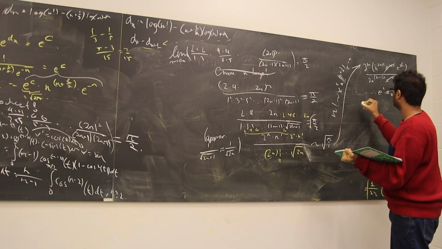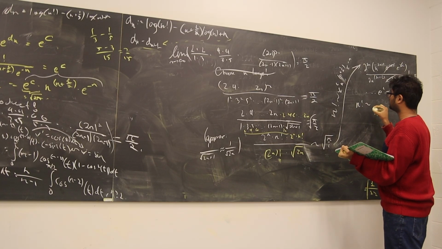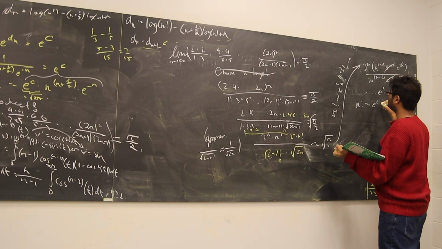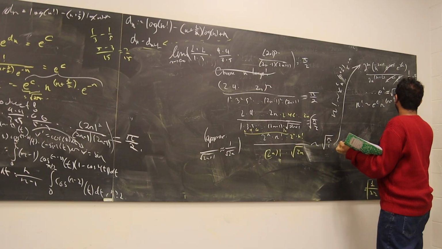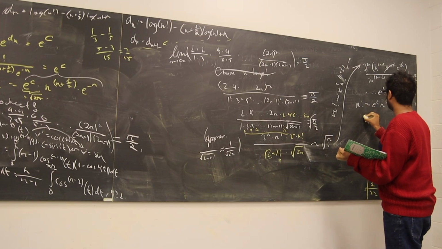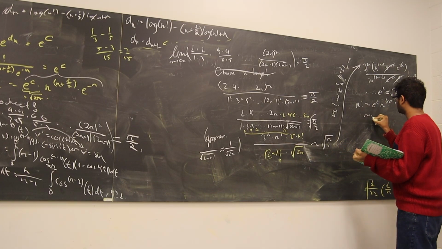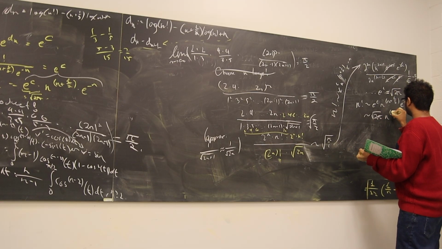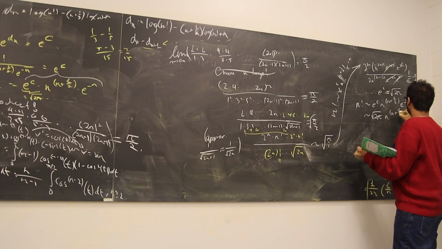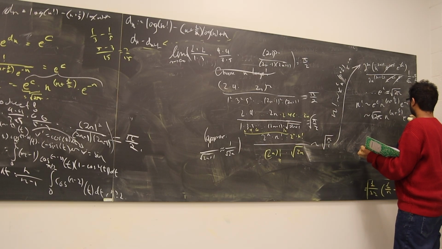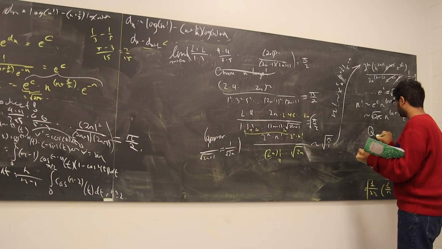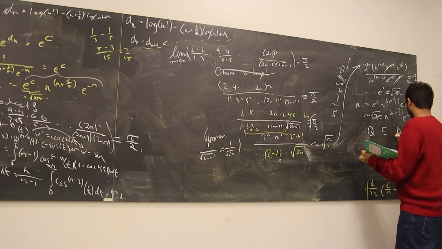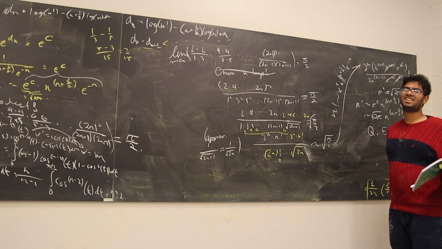So now n factorial is about e to the c, n to the n plus 1/2, e to the negative n, which is approximately square root of 2 pi, n to the n plus 1/2, e to the negative n. QED. Yay, we're done.